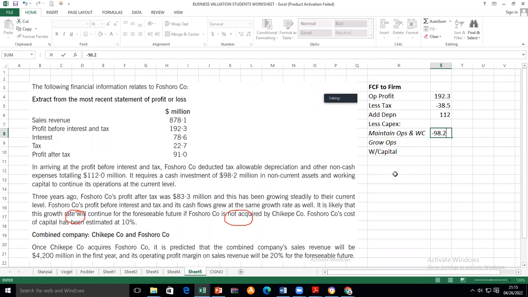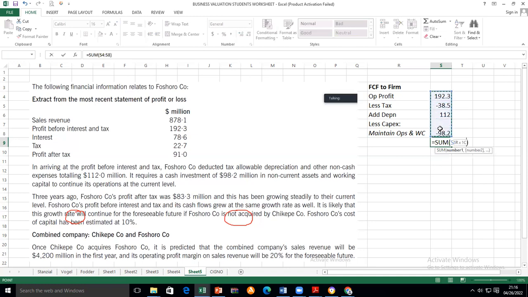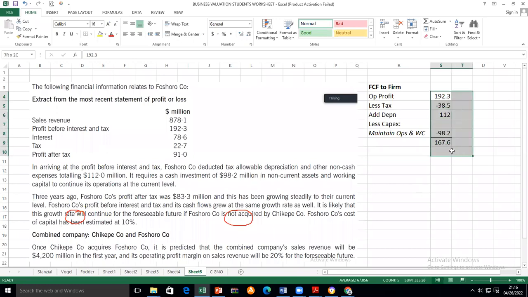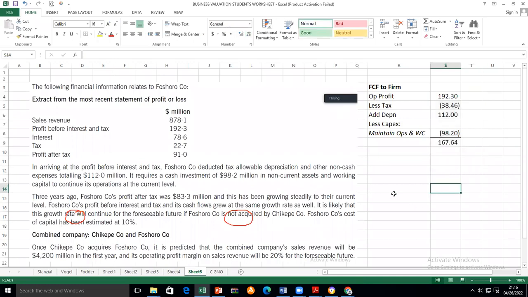So all things being equal, what's the free cash flow?